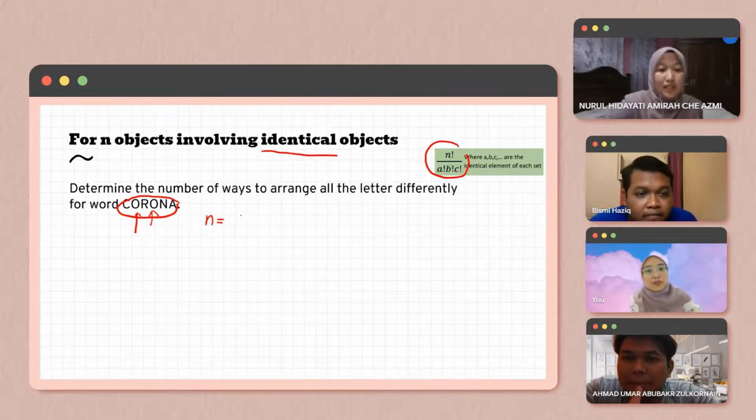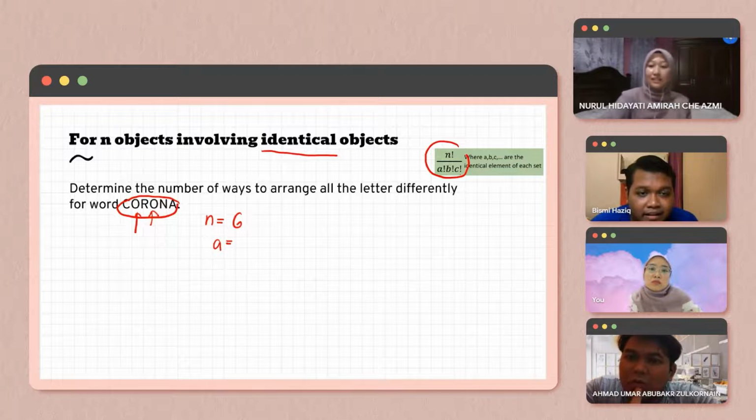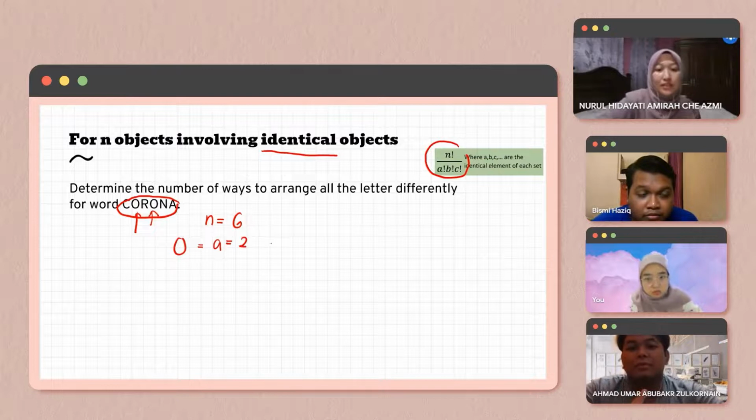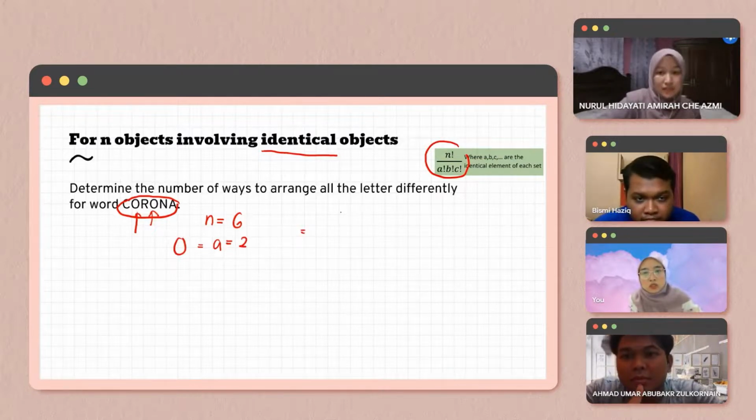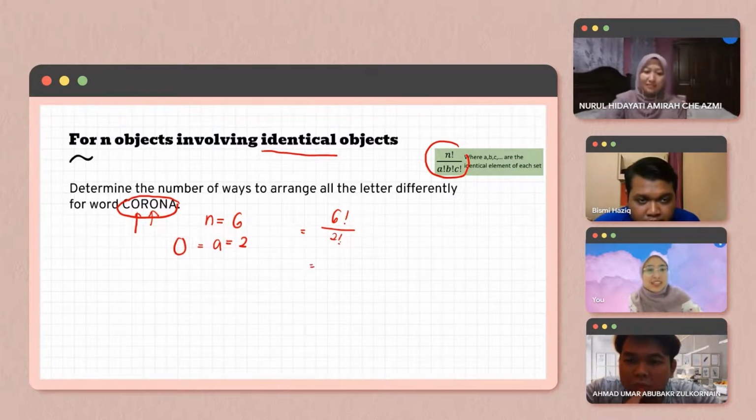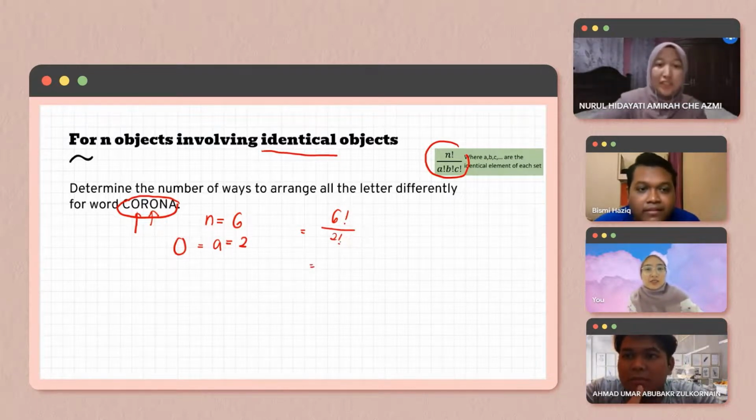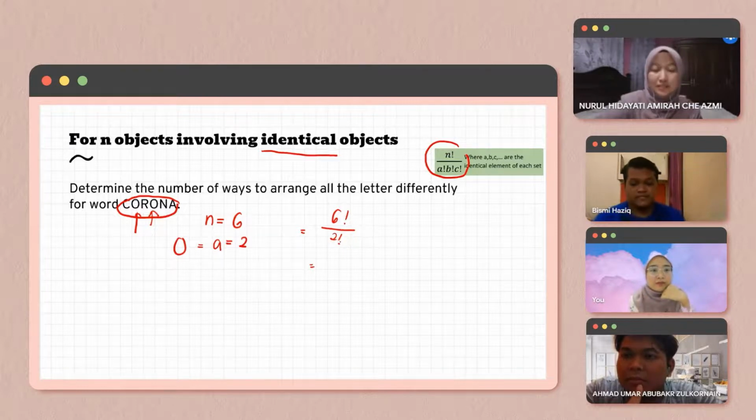A is the identical element of each type, which means that A here is the letter O. How many O do we have? Two. So we just need 6 factorial over 2 factorial. Do you understand? Yes. So what is the answer?